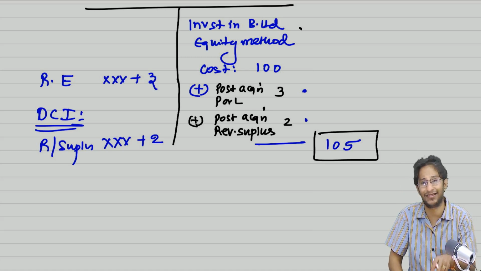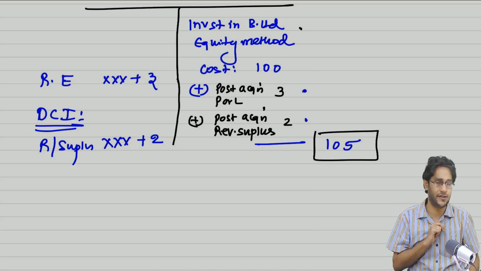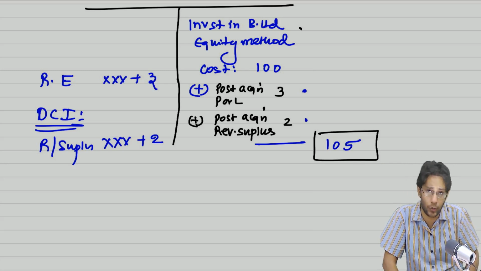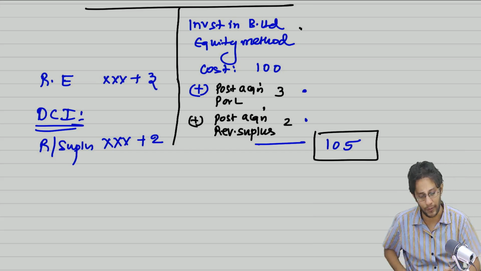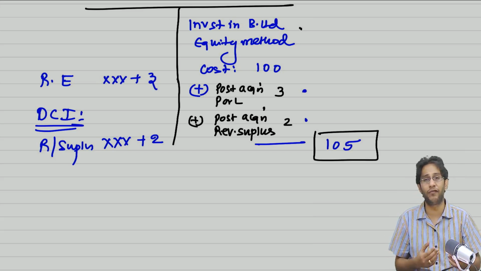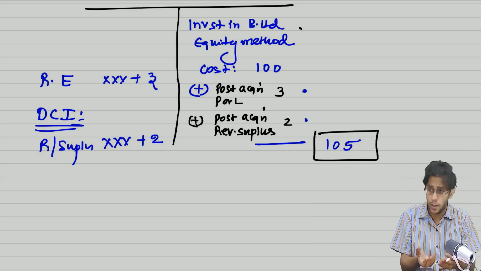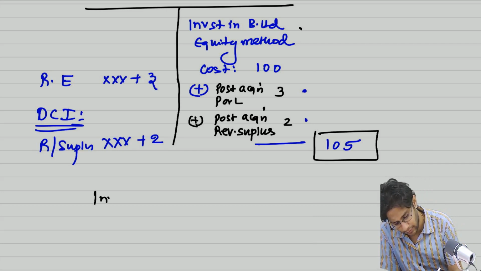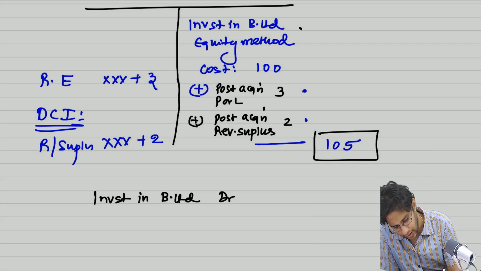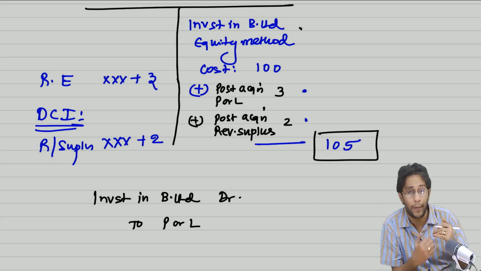So what you have to do, you have to cancel this investment. Not only you have to cancel this investment, in the goodwill computation step I told you that any existing investment must be considered at fair value. But this 105 is not fair value. 105 is the value that is appearing in our books of accounts after applying equity method. So first and foremost thing what we will do is update the investment in B Limited to fair value.